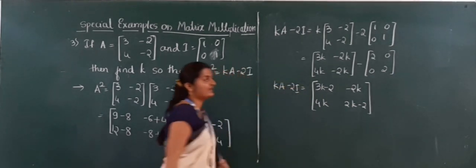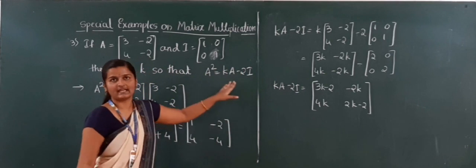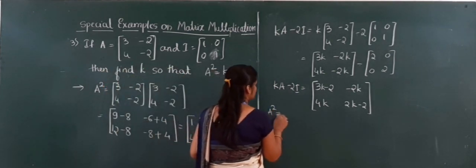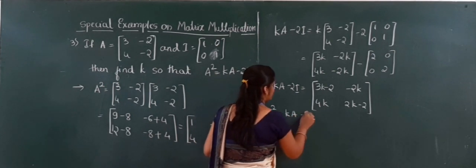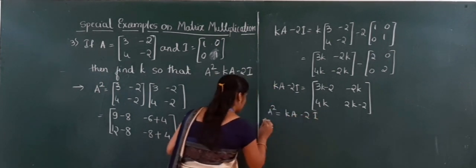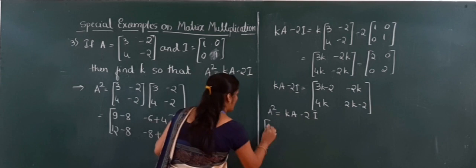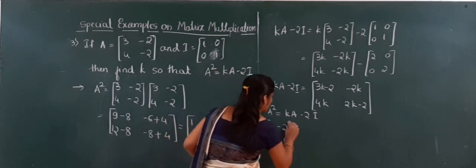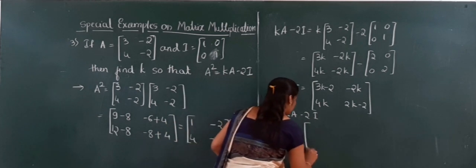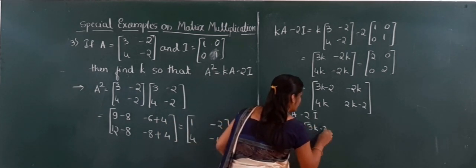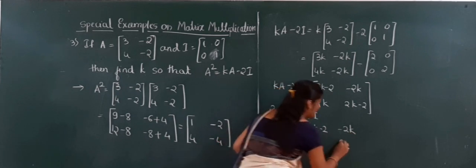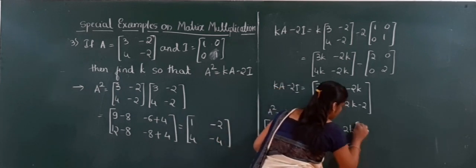So they have given that A square is equal to KA minus 2I. So I will equate both. A square is our matrix 1 minus 2, 4 minus 4 is equal to 3K minus 2, minus 2K, 4K, 2K minus 2.